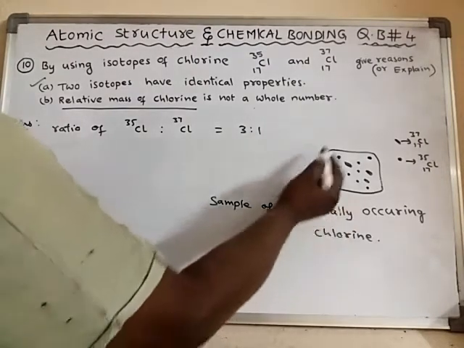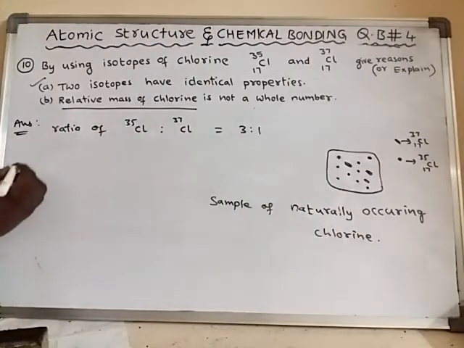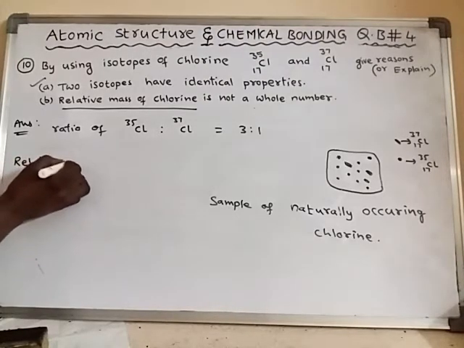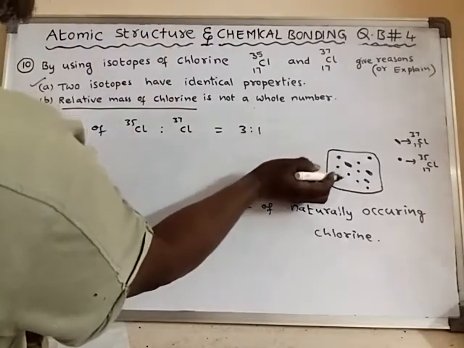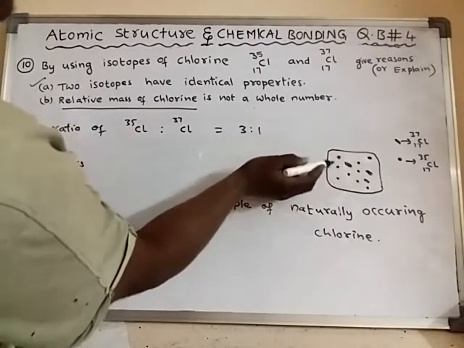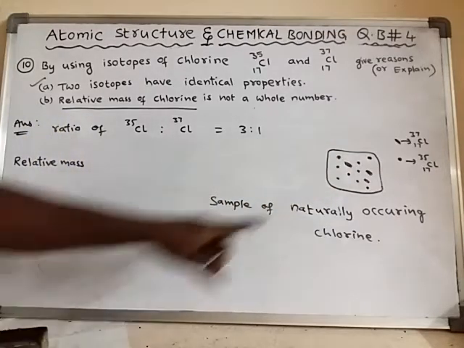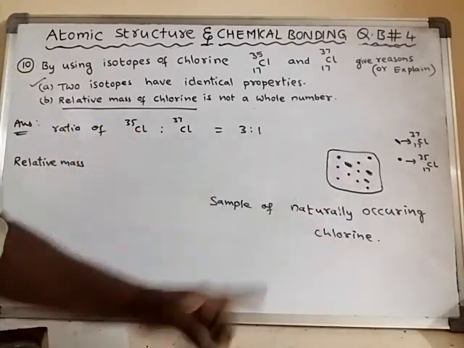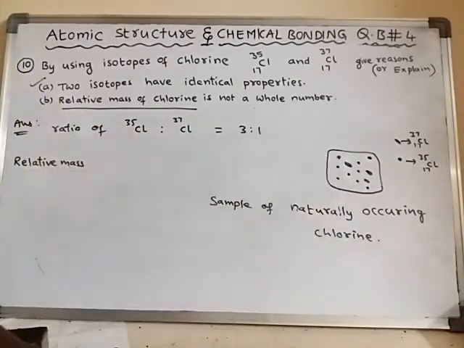Then in that case, what is relative mass? Relative mass is nothing but average atomic mass. These atoms have mass 35 and these atoms have mass 37. All are chlorine atoms only, but they possess different masses.